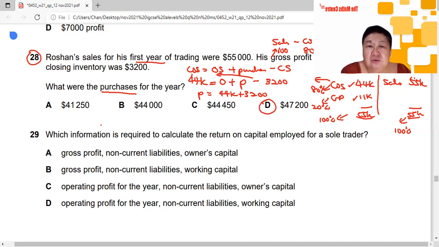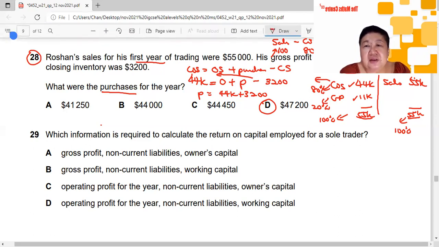So there's a two-step way of thinking. If you are not firm about your concepts of what is sales, cost of sales, and gross profit, you will fumble here. So sort it out first by identifying how much is the cost of sales, which you can do by understanding that sales minus cost of sales gives you gross profit. Or in this case, I like to use this trading account.